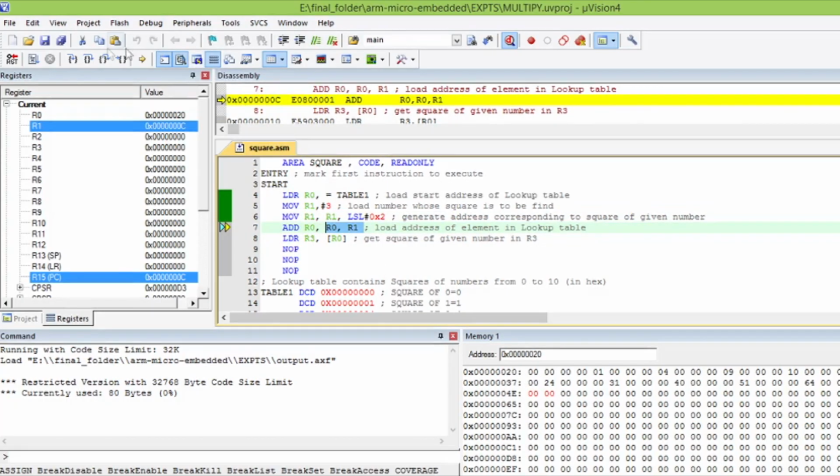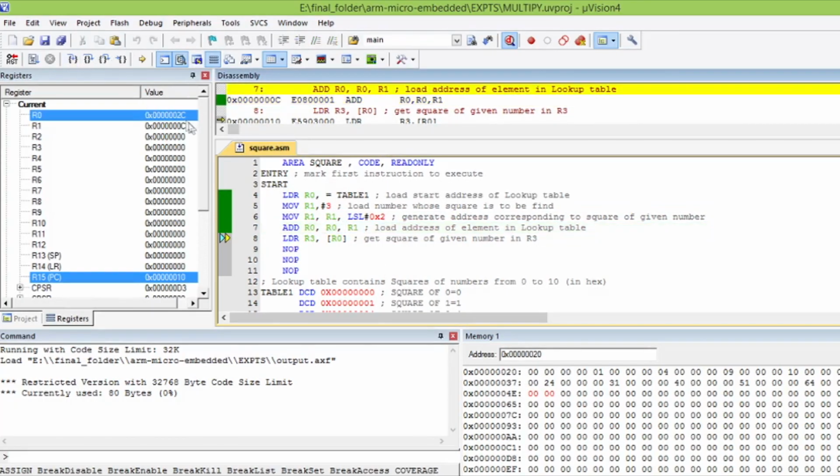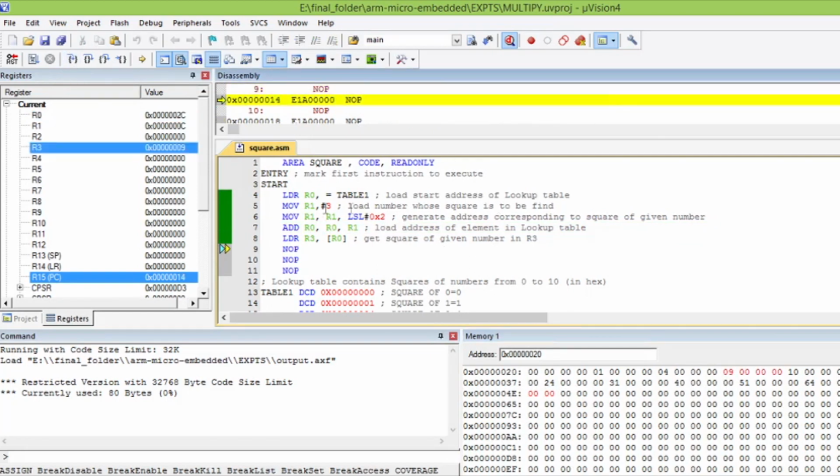Let's see how it happens. That gives you 2C. So 2C is nothing but this particular location that we are loading here. We are loading content of R0 into R3. So here our content of R0 is nothing but 9, which is loaded into R3. So that is how we are finding square of any given number.